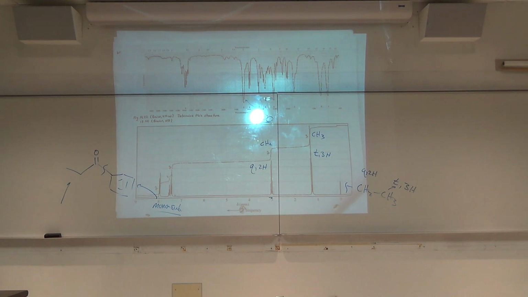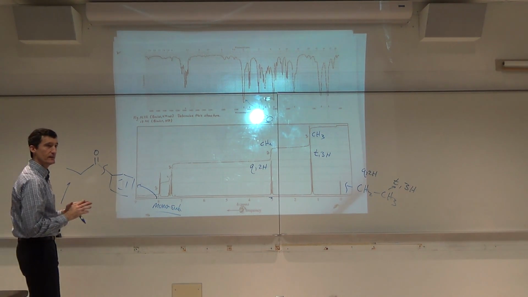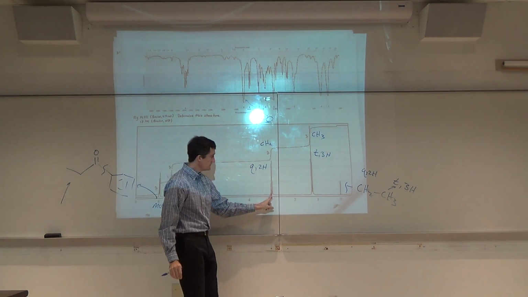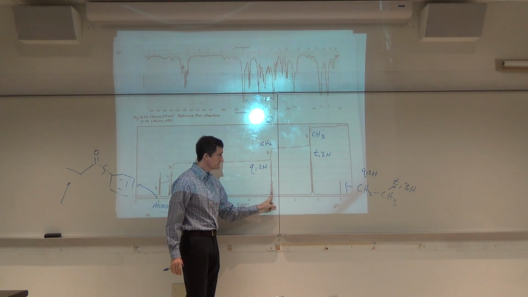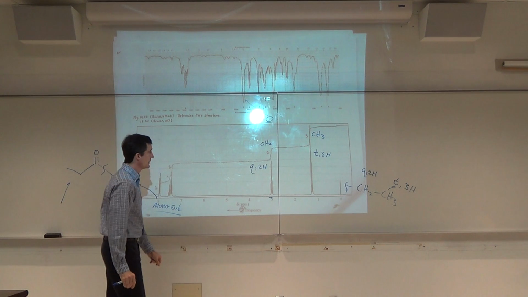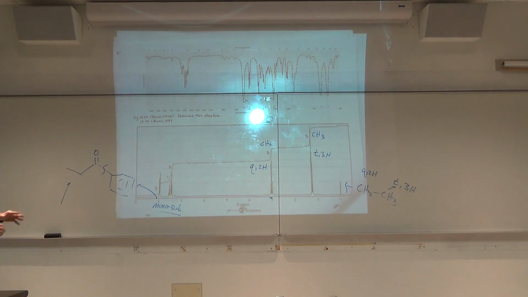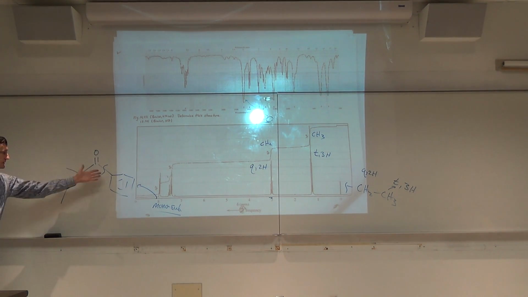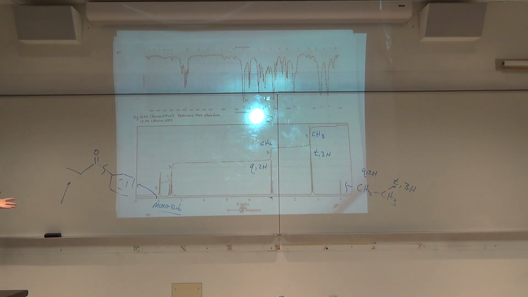Okay? You look back at your tables. Peaks next to a carbonyl are going to be like 2 to 3, or maybe 2.5 to 3.5. Something's made this downfield. That's your structure. Does anybody have another structure you can put together that would match this?